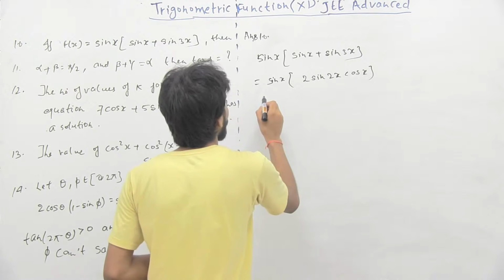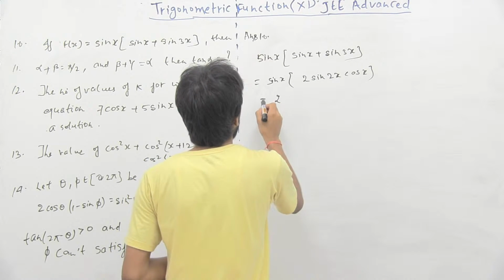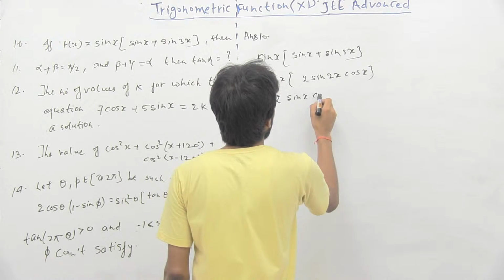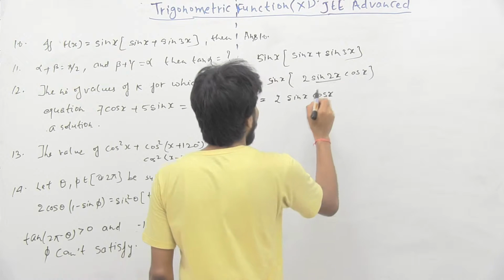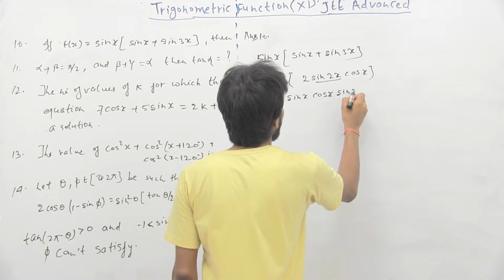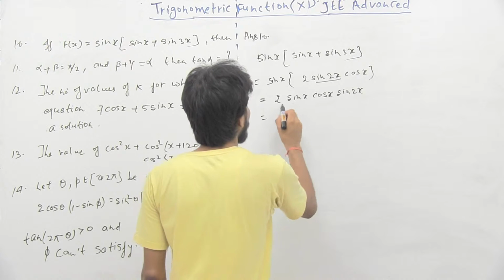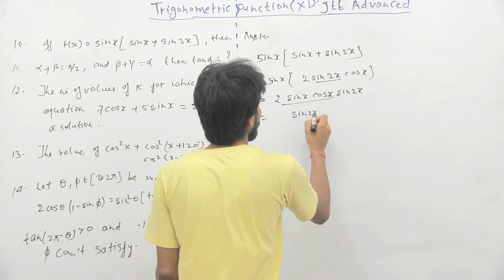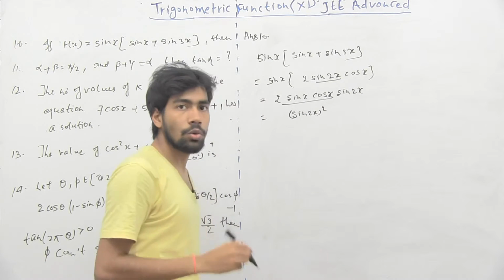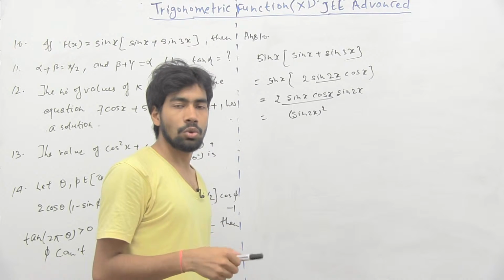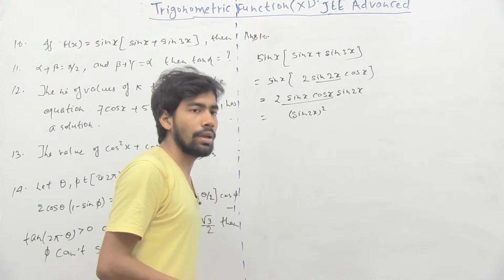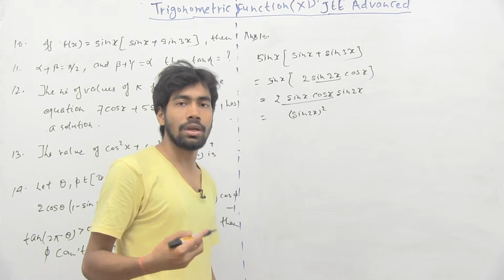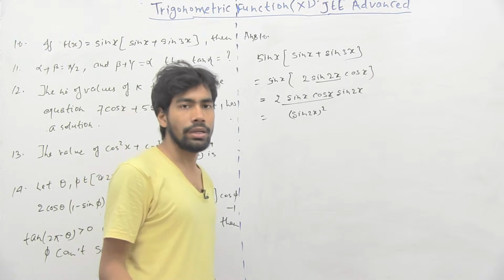Then 2 sin x cos x is sin 2x, and this is again in the form of sin 2x. So this is the whole square of sin 2x. A square of any real number is always greater than or equal to 0, so f(x) will always be greater than or equal to 0 for any real value of x.